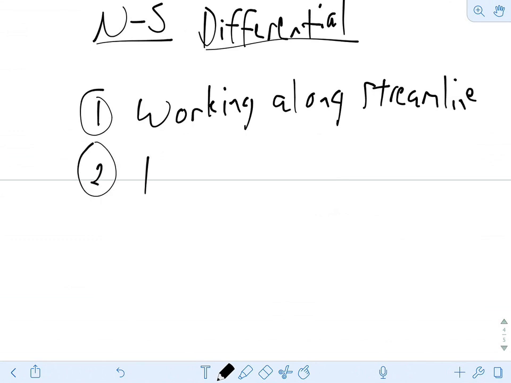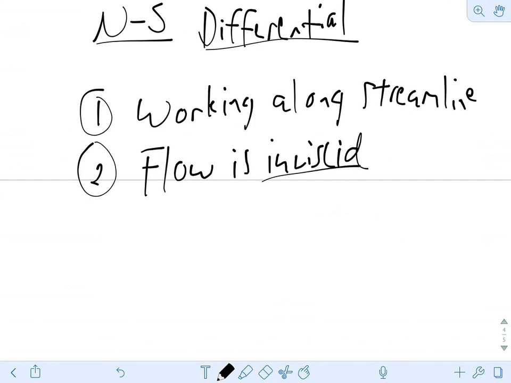Again, we looked at this before. This is fine, except in the boundary layer. In the boundary layer, we're going to have to do something different. But for the large part, the flow field and the resulting pressure gradient that sets up on account of that flow field, we can assume it to be inviscid. And finally, steady flow. The flow field is steady.